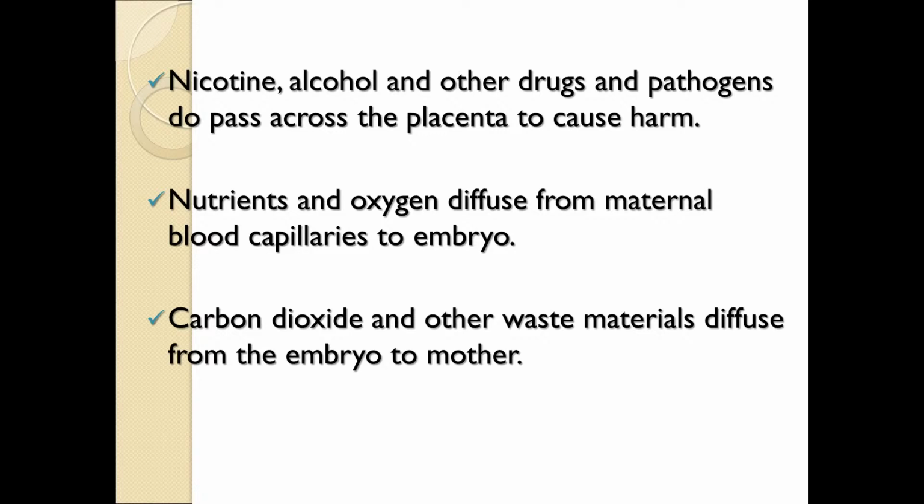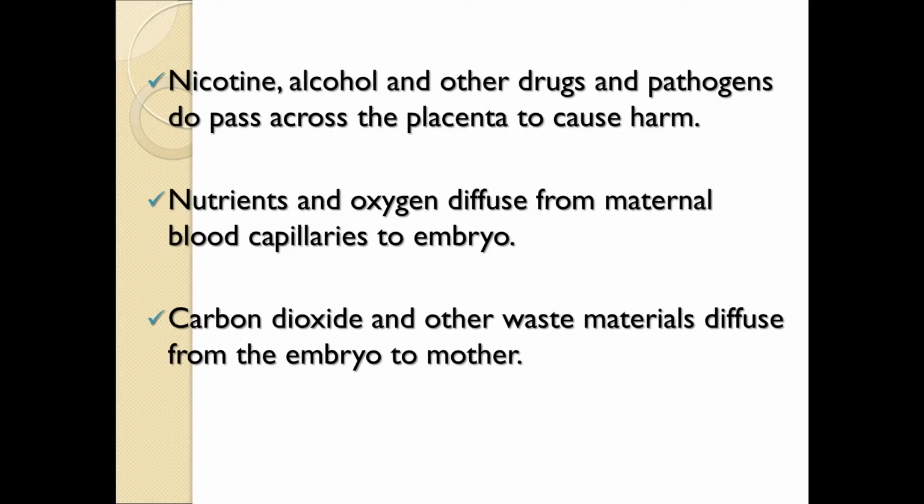However, they are saying that there are some substances, even though there is a barrier, that still can go across from the maternal blood, which is the female blood, to the blood of the fetus. So nicotine, which is a chemical that is found in cigarette smoking or marijuana smoking, alcohol can also go across, and of course drugs.